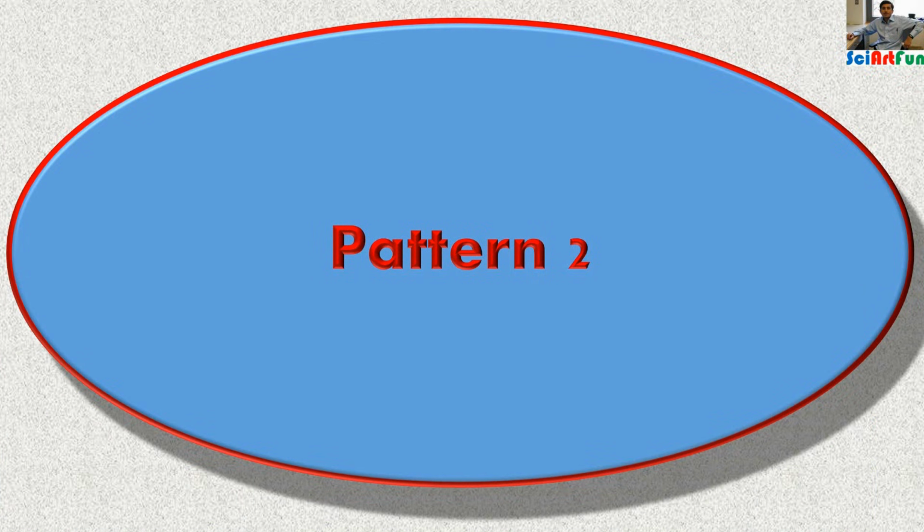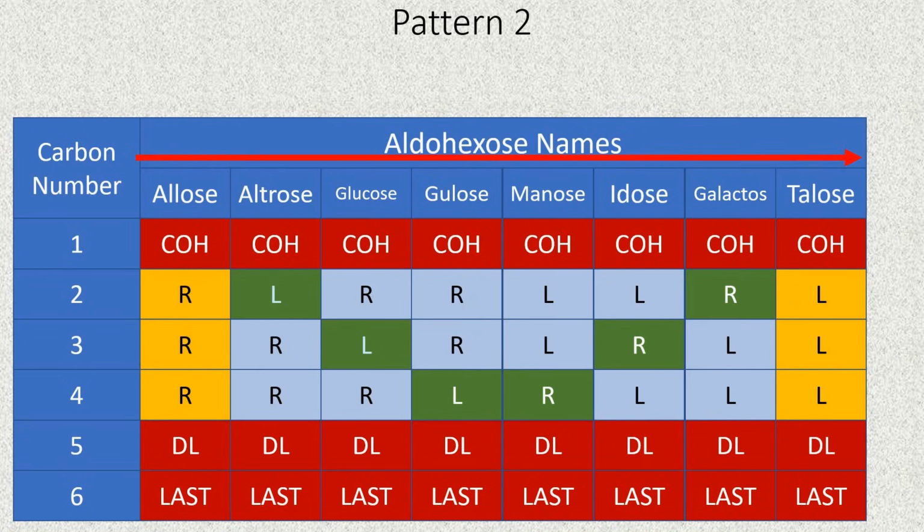Now let's see the second kind of pattern that exists in these sugars if you arrange them in the order I am going to show you now. If you type these sugar names in this order: first allose, then altrose, glucose, gulose, mannose, idose, galactose, and talose. As you know, we are only interested in carbon number 2, 3, and 4.